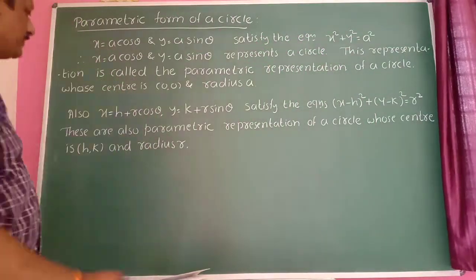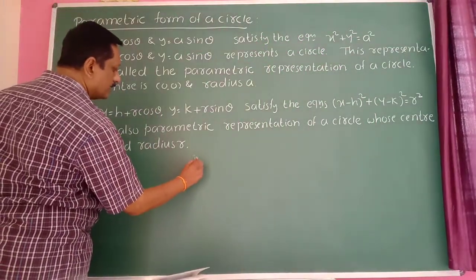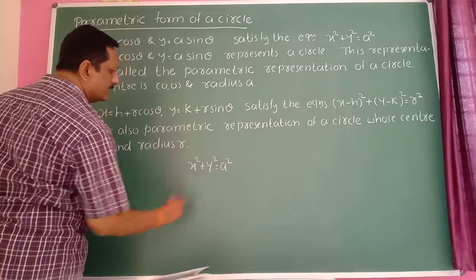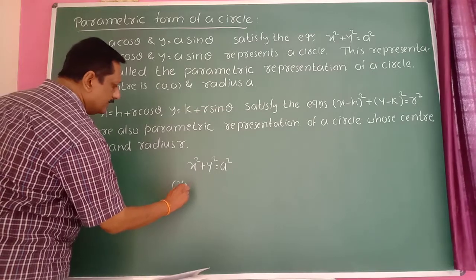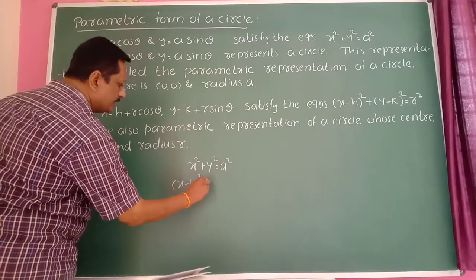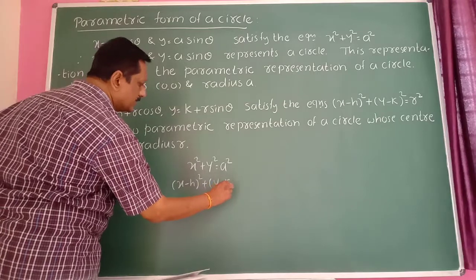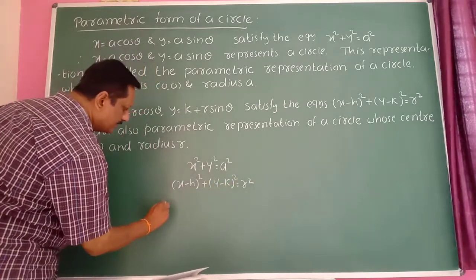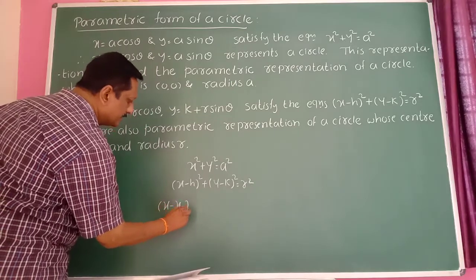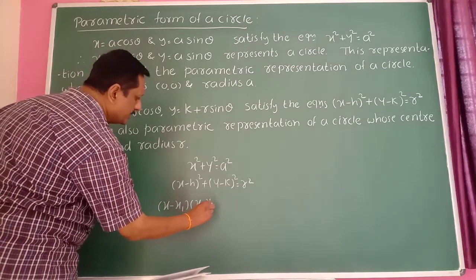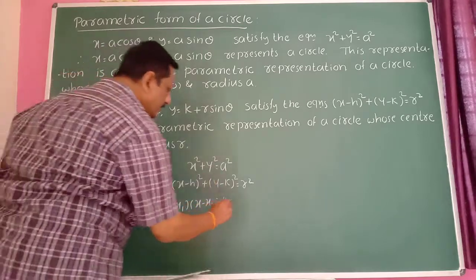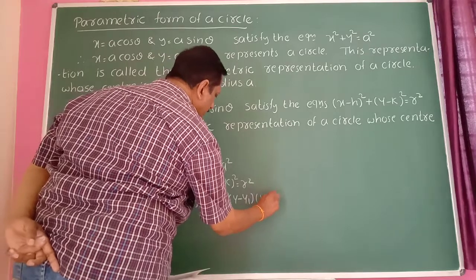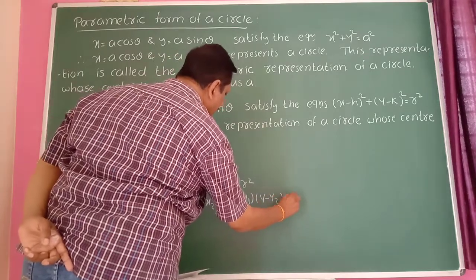The first form is x square plus y square is equal to a square. The second form is (x minus h) whole square plus (y minus k) whole square is equal to r square. The third form is (x minus x1)(x minus x2) plus (y minus y1)(y minus y2) is equal to 0.